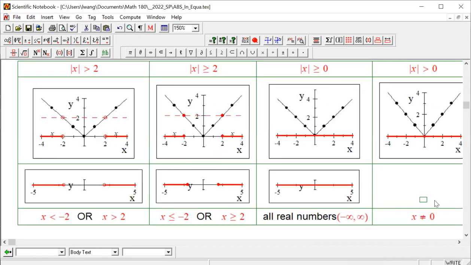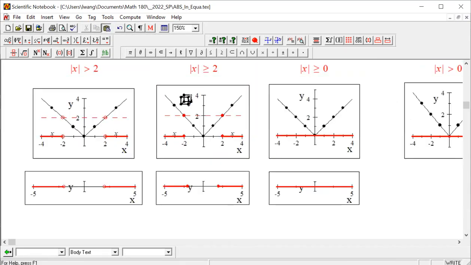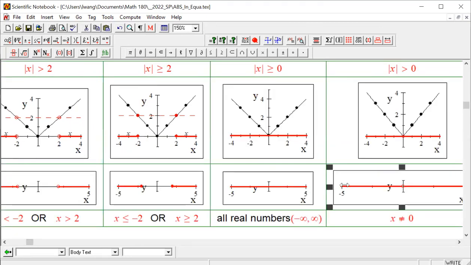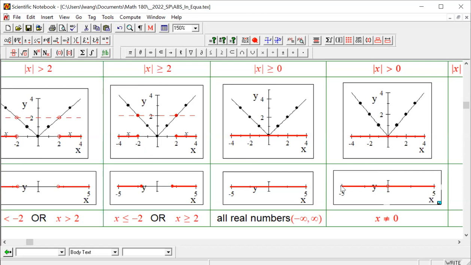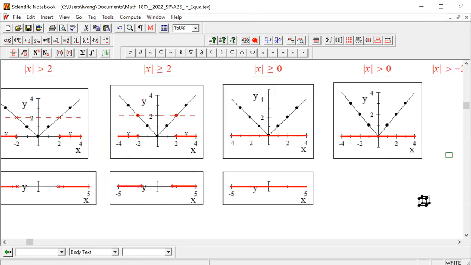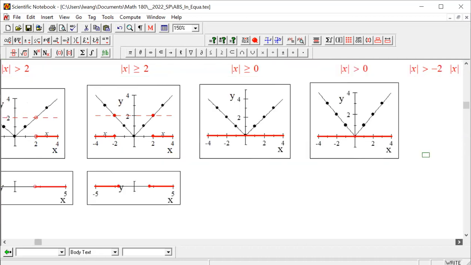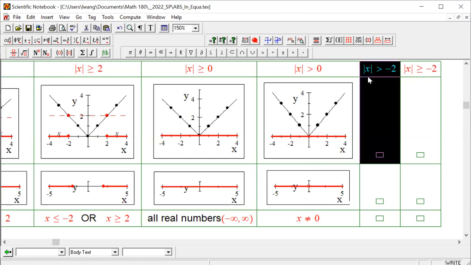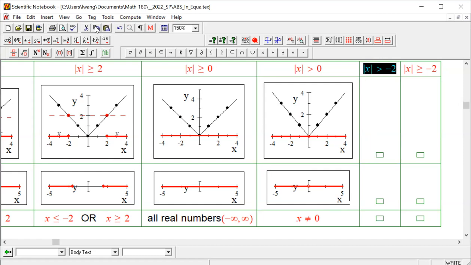Now we're going to put it in the table for our comparison. When we compare, hopefully this will help understanding. Let's look at the next 2 cases: greater than -2, and greater than or equal to -2. Greater than -2, what does that mean?